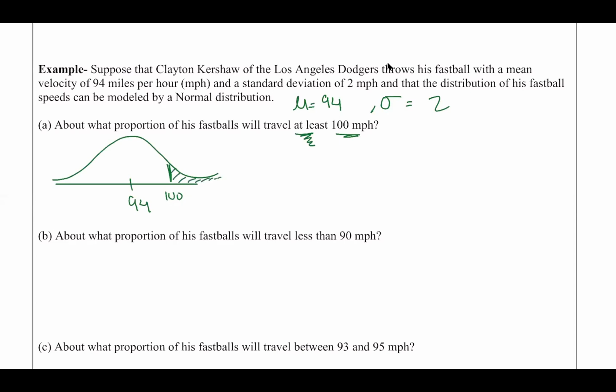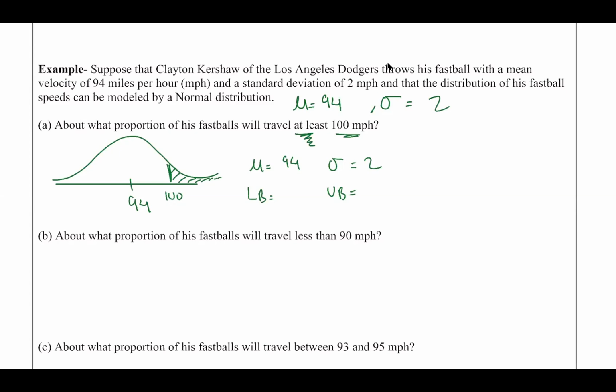All right, so let's figure out what we're gonna enter into ClassCalc. We're gonna enter the mean, the standard deviation, the lower bound, and the upper bound. If you do not want to find the z-score, you just leave it as 94 and 2 for the mean and standard deviation.